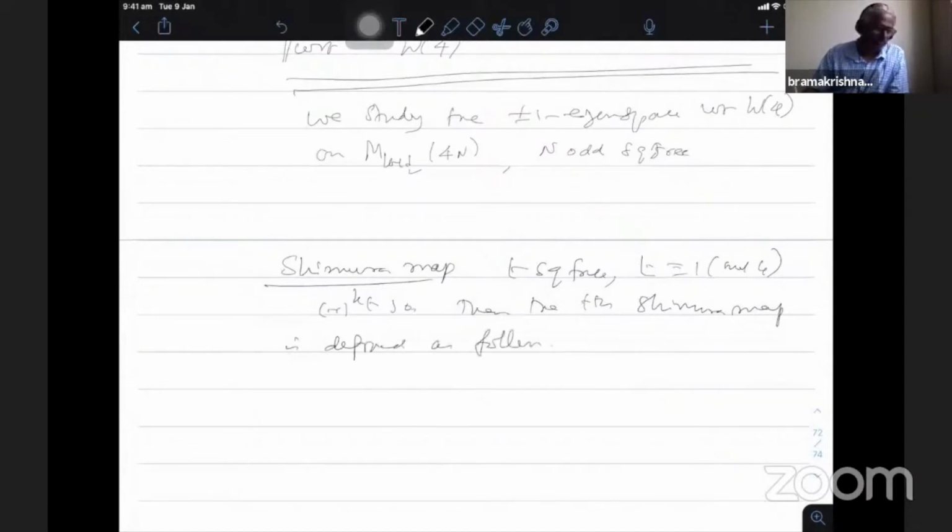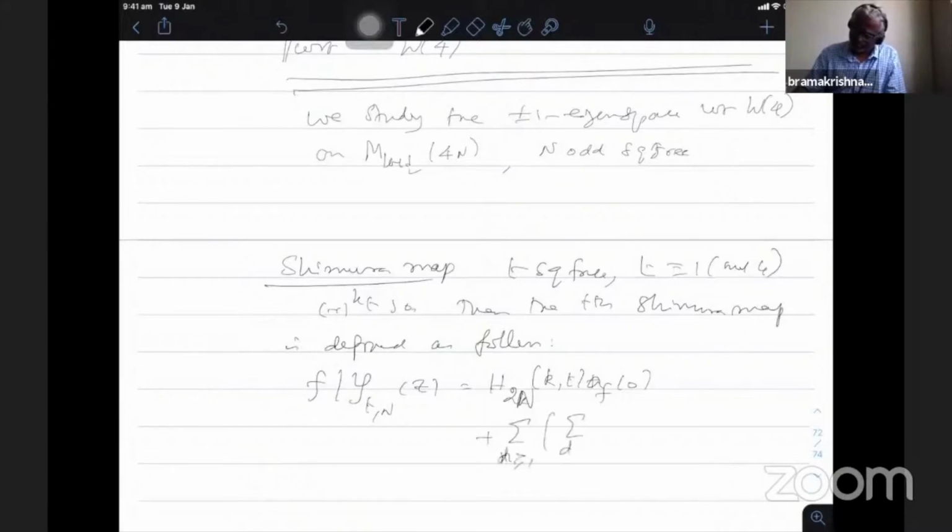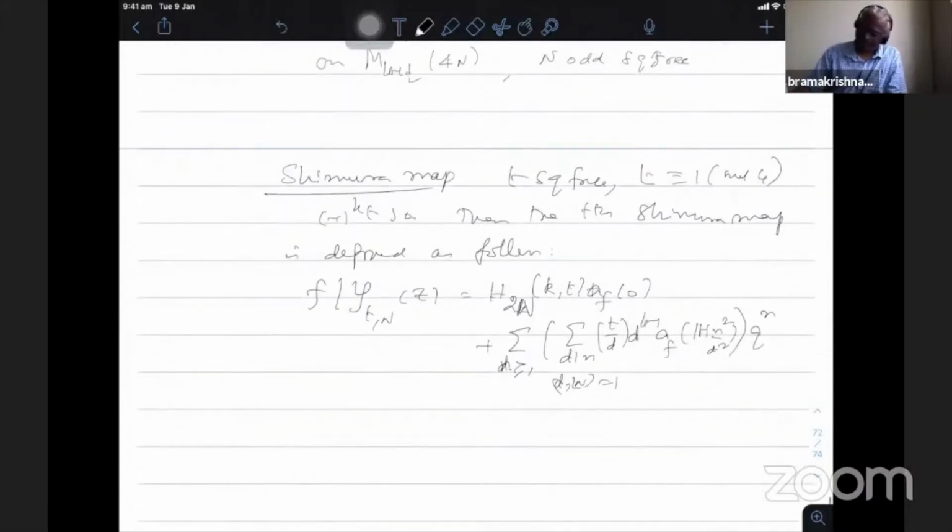F bar S_t,n of z equal to some constant H_{2n}(k,t) times a_f(0) plus the summation over n greater than or equal to 1, summation over d dividing n, with (d, 2n) equal to 1, of (t/d) d^{k-1} a_f(|t| n^2/d^2) q^n, where f belongs to M_{k+1/2}(4n). So a_f(0) is the constant term in the Fourier expansion.